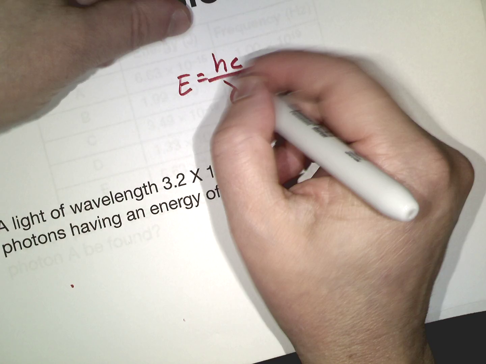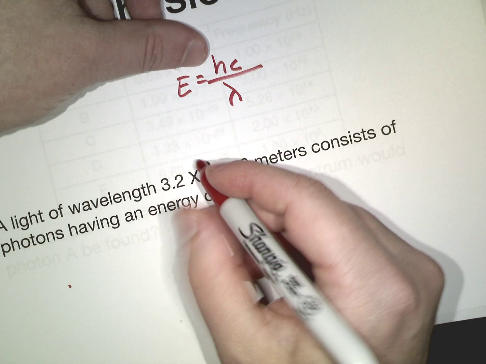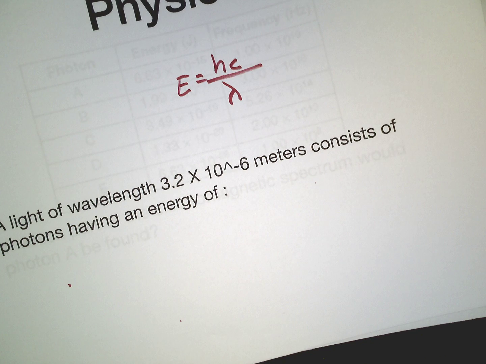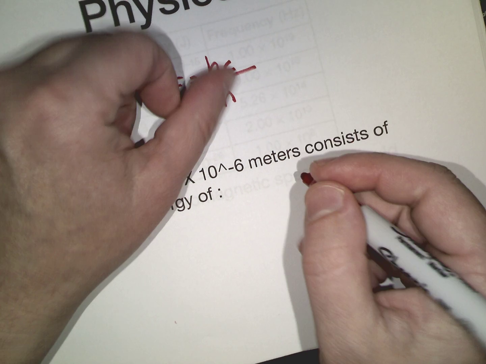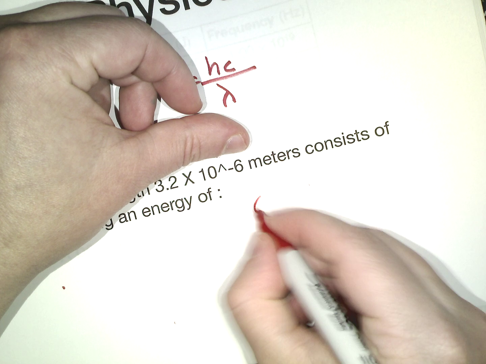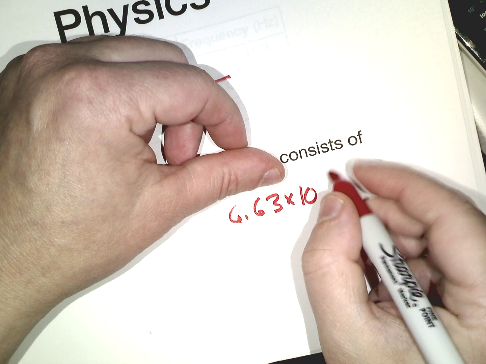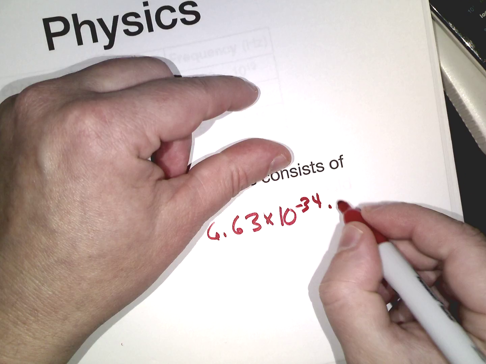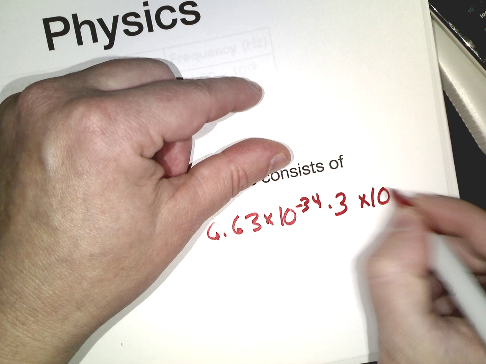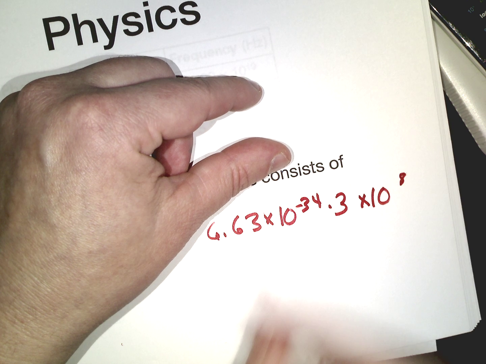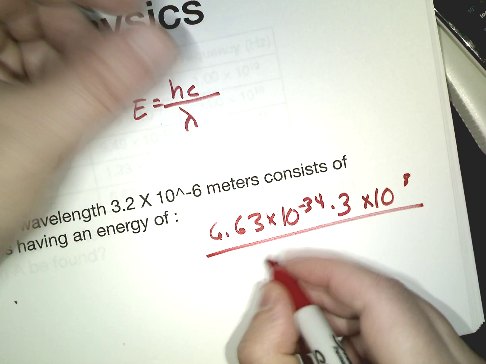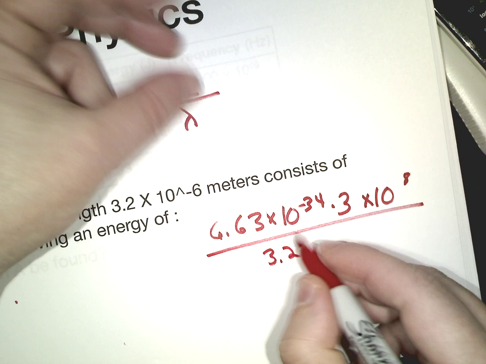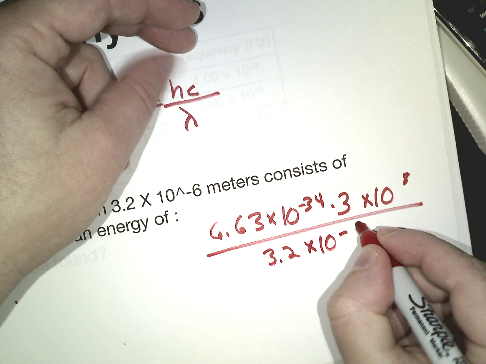All right, so here we go. h, Planck's constant. I mean, this is so annoying. But, again, when we're taking this, we have all the time in the world. 6.63 times 10 to the negative 34 times speed of light, 3 times 10 to the 8, all over 3.2 times 10 to the negative 6.